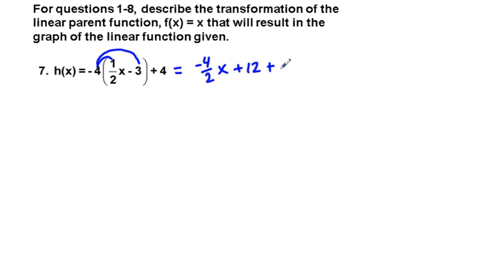And we bring over this plus 4. And now working down, we have -4 over 2 is going to be -2x. And we have 12 plus 4 will be 16. So h of x is going to simplify to -2x plus 16.